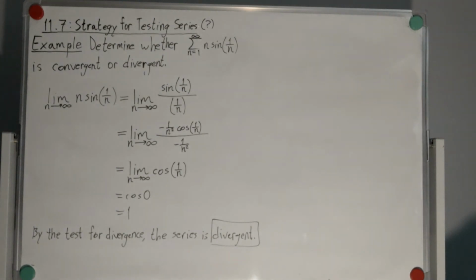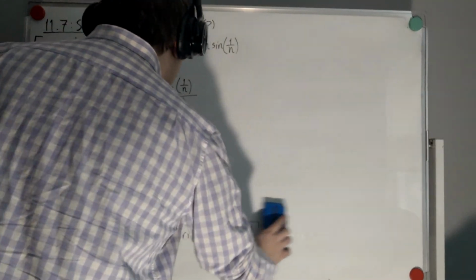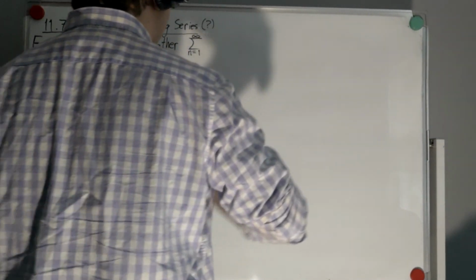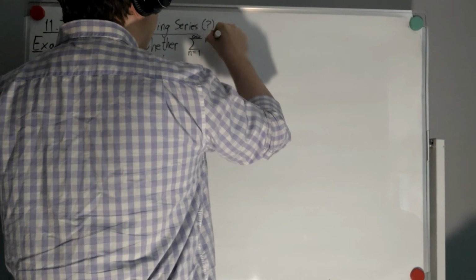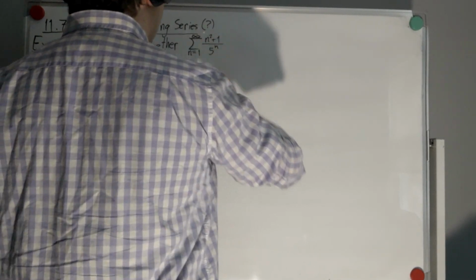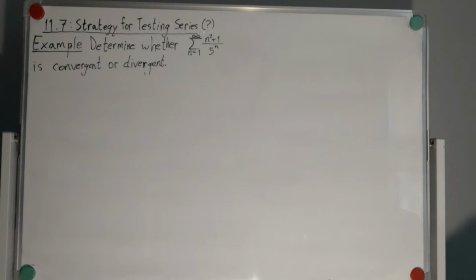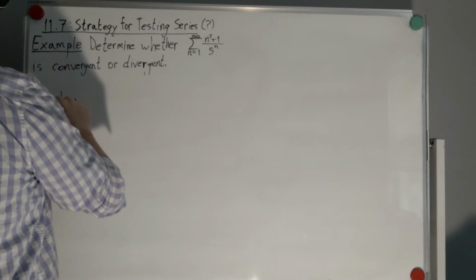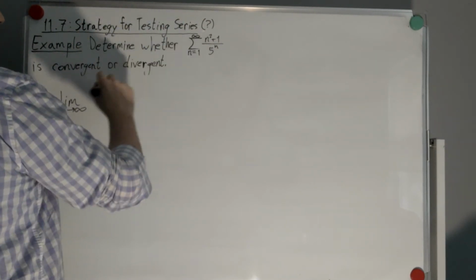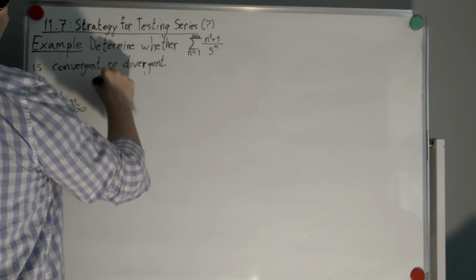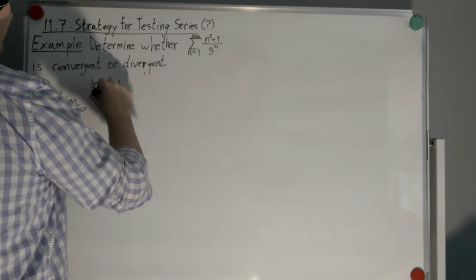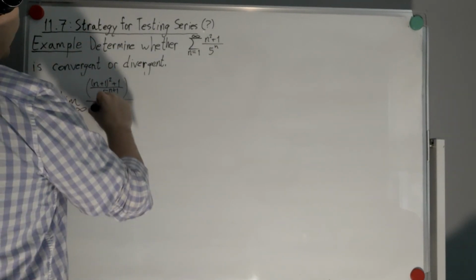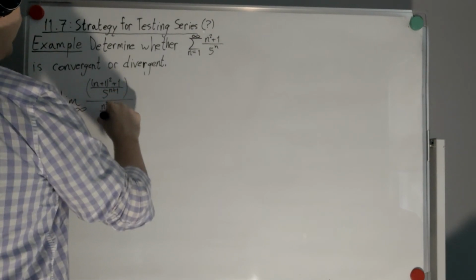All right, now let's look at n squared plus 1 over 5 to the nth power. This one is another ratio test. So we're going to take a look at the limit as n approaches infinity of n plus 1 squared plus 1 divided by 5 to the n plus 1, all of this divided by n squared plus 1 divided by 5 to the n.